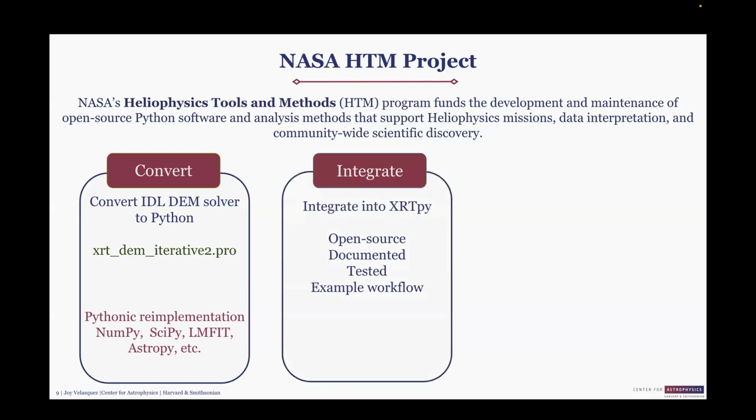Next, we want to integrate this into XRTpy. It'll be open source, documented, tested, and we'll have several Python example notebooks on how to work with this DEM. We'll make sure to validate this with both synthetic and real data sets and mirror it to IDL.